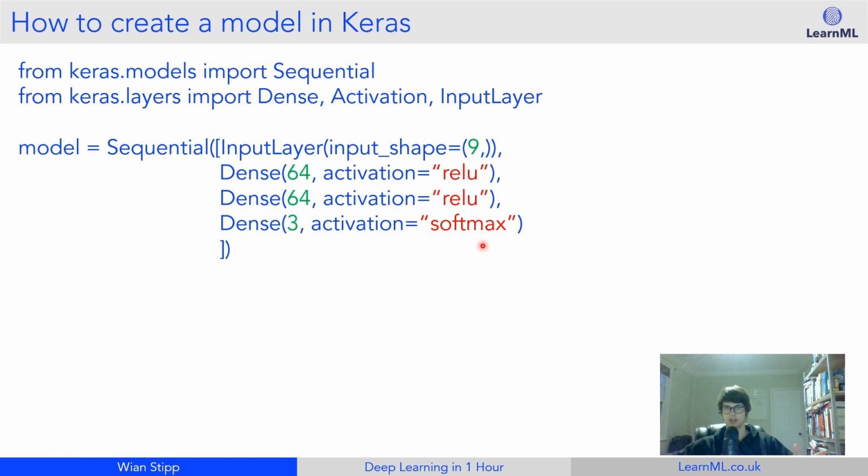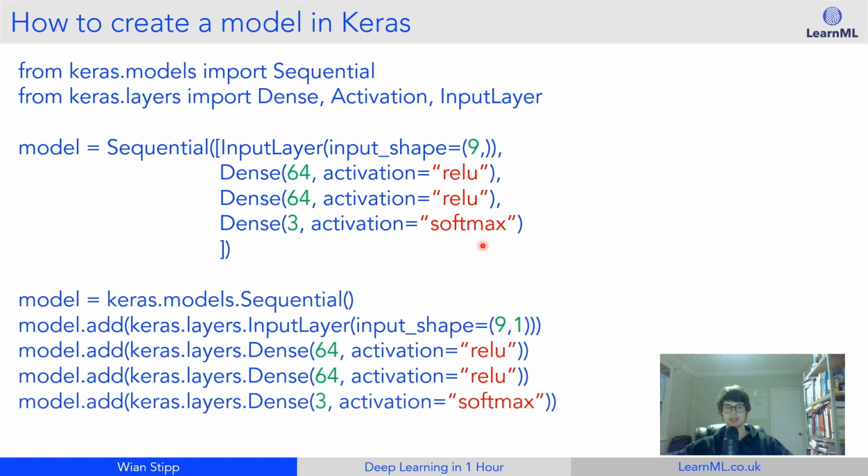That's a desirable property because if you predict an image, for example, as a cat or a dog or a frog, you want to make sure that the probabilities sum to 1 in the output. Otherwise you could predict that the probability of a frog is 2, and that doesn't make sense.